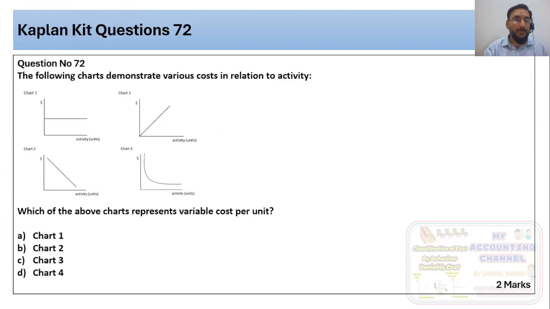Second question, question number 72 of Kaplan Kit 2017. There are 4 graphs given. The question is, which of the above charts represents variable cost per unit? Think over it. We have discussed it in the last slide.